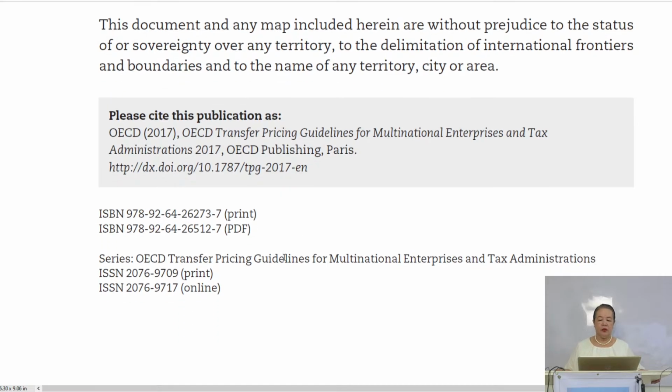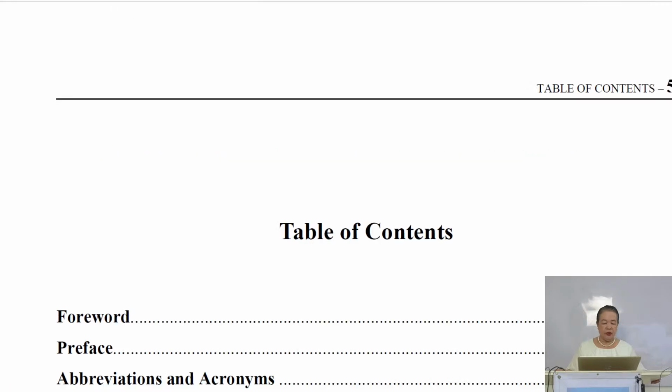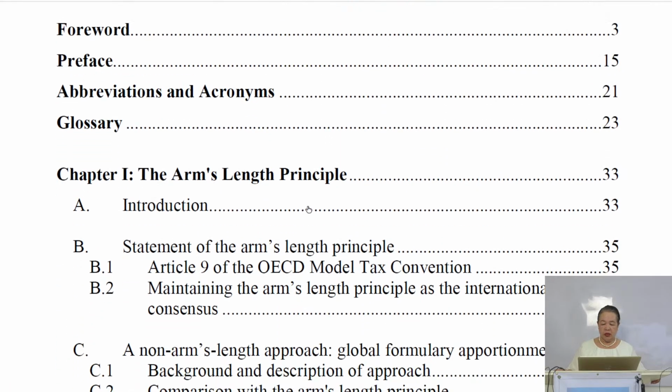Okay, so in these guidelines, we will discuss the arm's length principle. Mahaba ito, kaya this is a series of live streaming. We have the arm's length principle.